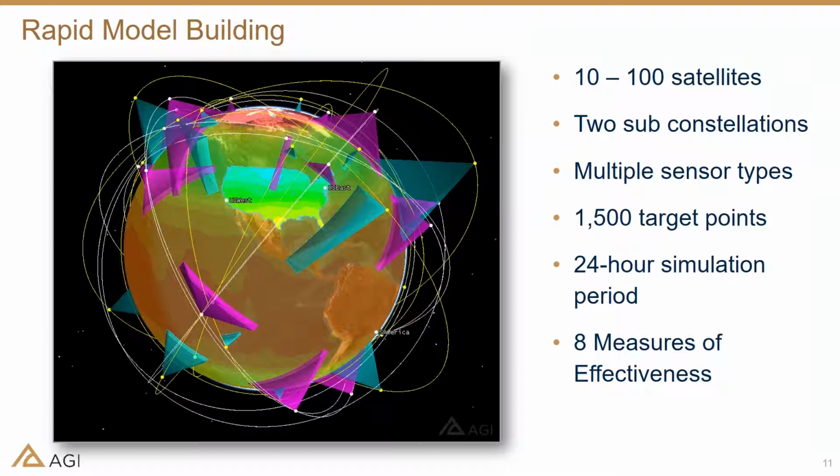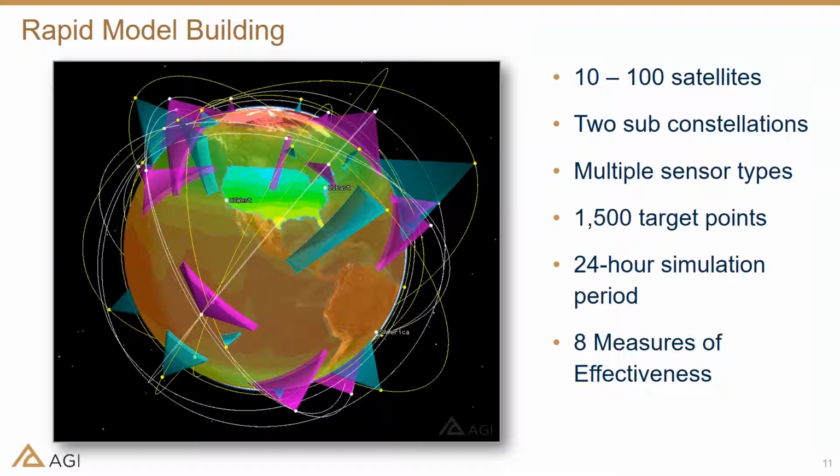For the sake of illustration, we've chosen the United States to be that target area. We've distributed about 1,500 points throughout those so that we can measure the effectiveness for our persistent surveillance mission. And we'll be using a simulation time of 24 hours as we go through the trade study.